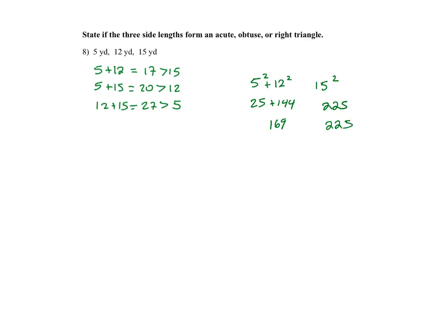So 225 is greater than 169. So the square of the longest side is greater than the sum of the other two sides squared. That means that this is an obtuse triangle.